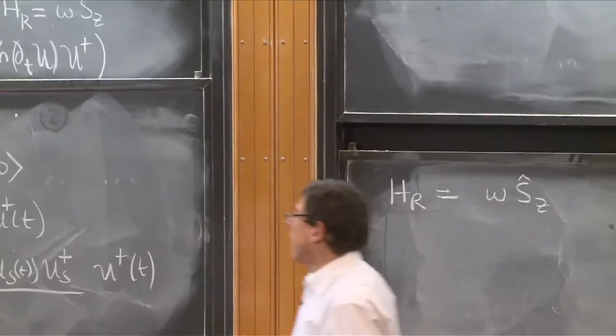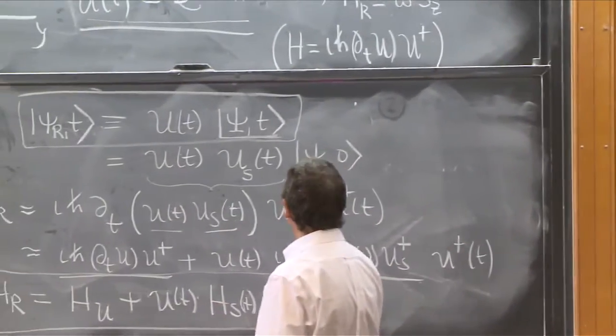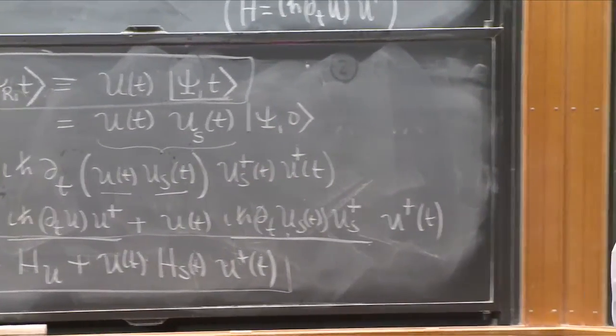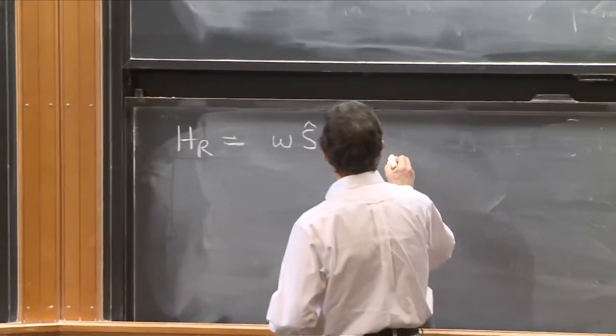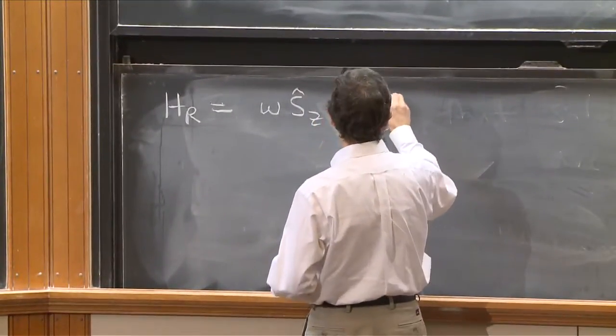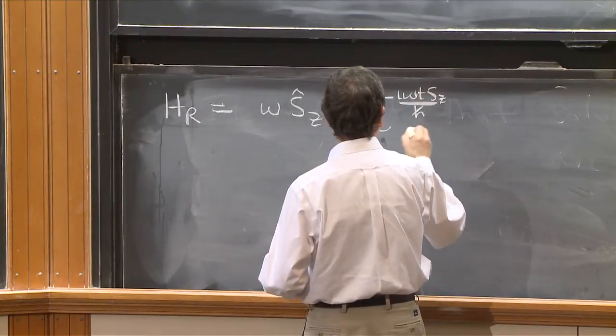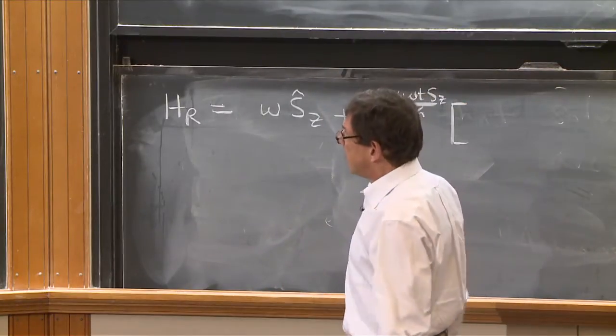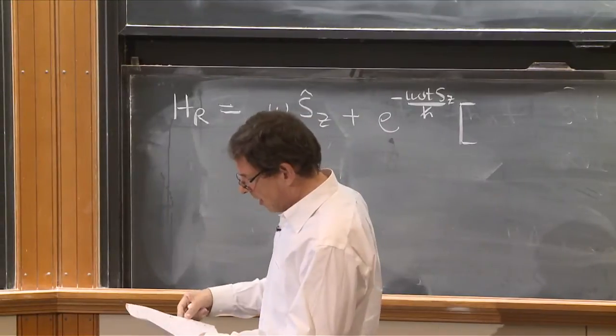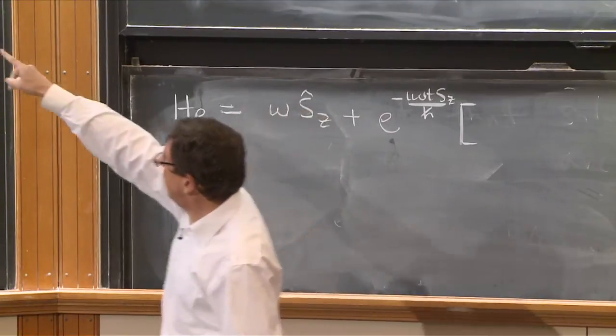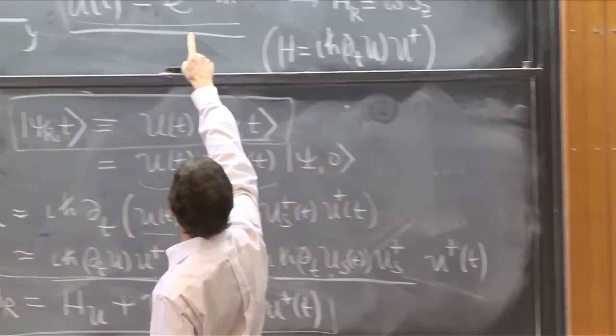But now we have U of t, U dagger of t. So I have plus e to the minus i omega t Sz over h bar times the Hamiltonian that we have over there, this full Hamiltonian H_S.